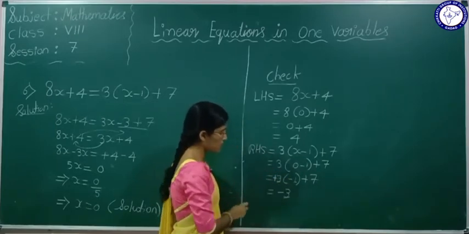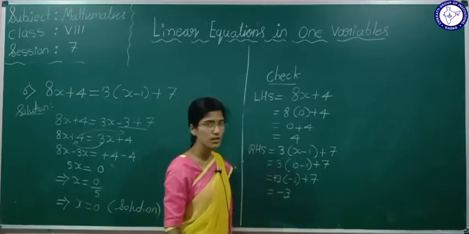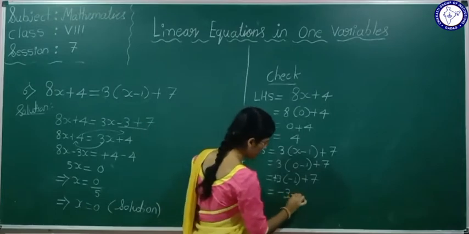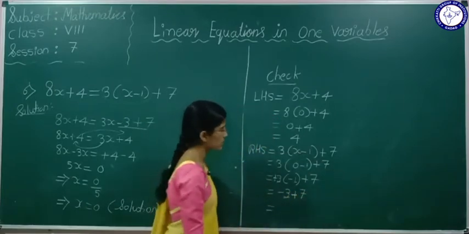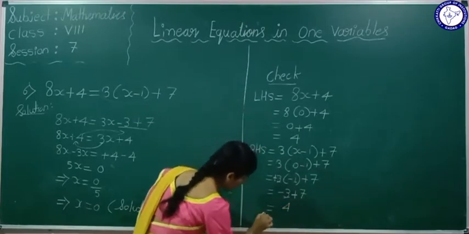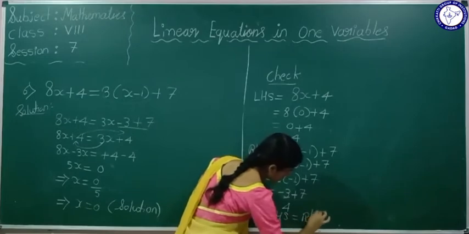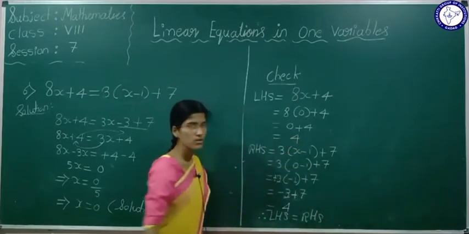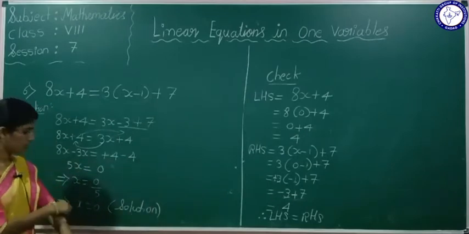A positive integer multiplied by a negative integer, the answer definitely will be a negative integer. Minus 3 plus 7. What is minus 3 plus 7? It will be 4. Therefore, LHS is equal to RHS. We got the same, no? Therefore, x is equal to 0 is the solution of the given equation.